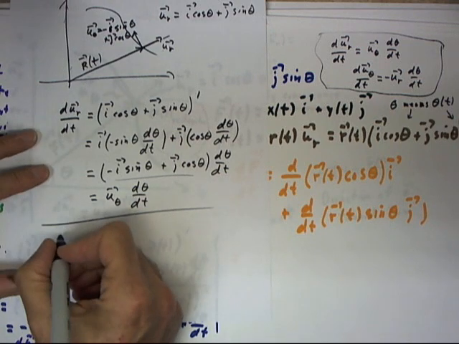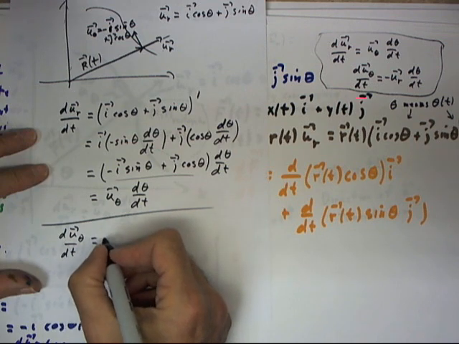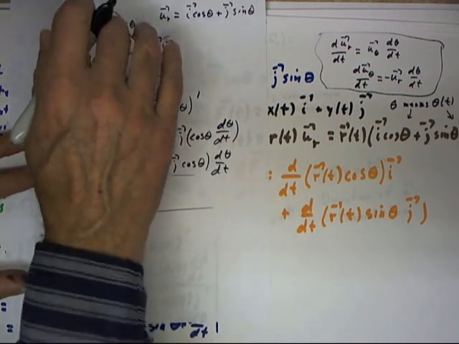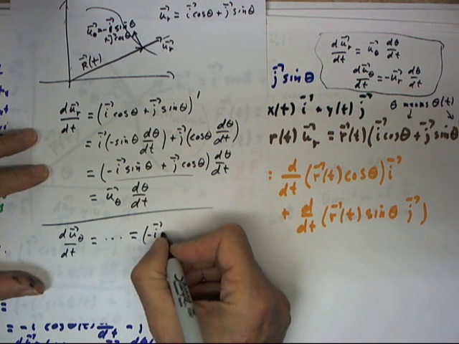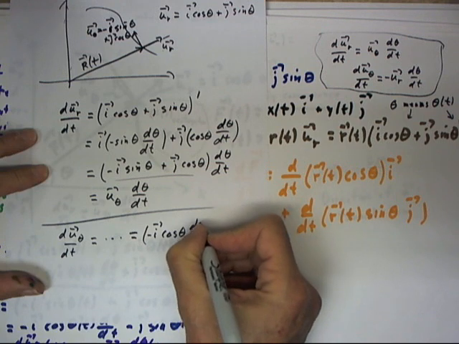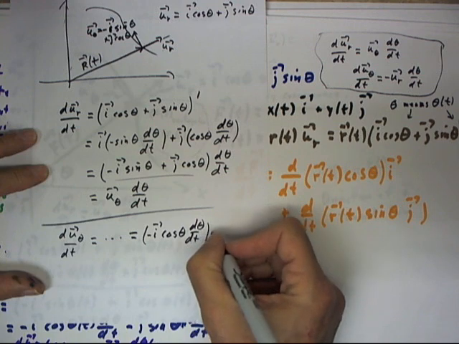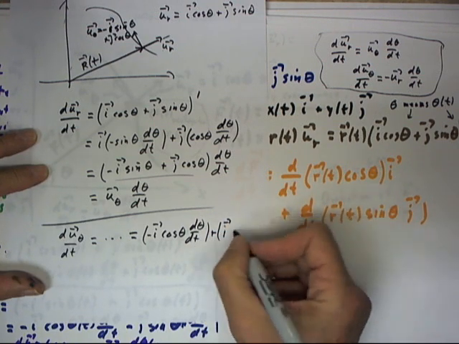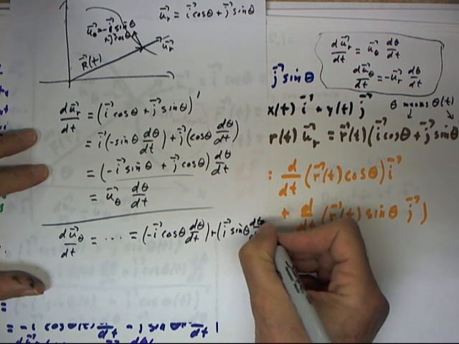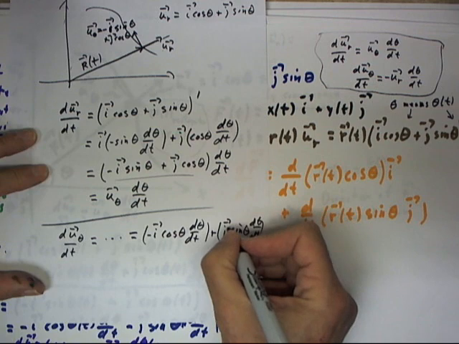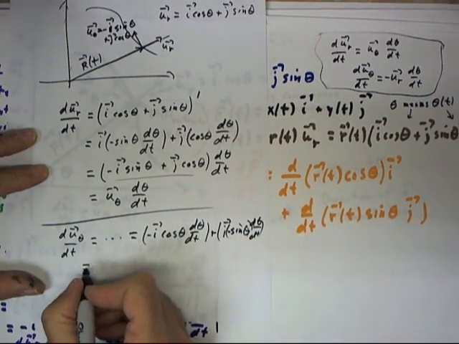Similarly, if we do d of u theta dt, now I'm not going to write out the u theta and the derivative, but we're going to end up with negative i cosine theta d theta dt plus j sine theta d theta dt, and that's j times negative sine theta d theta dt.